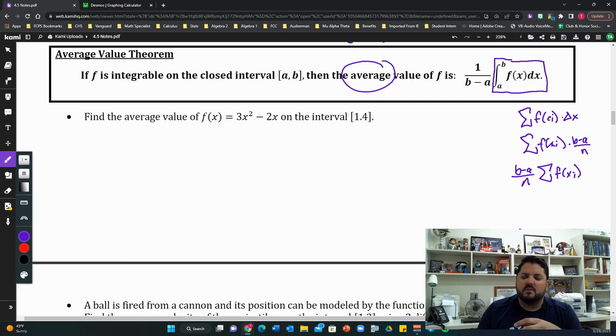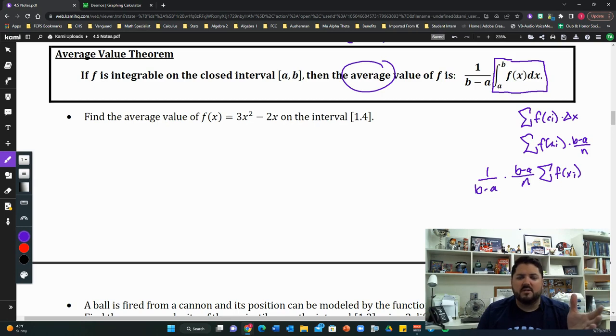So if I want the total of my y values to then be divided by the number of them that I have, our n value, I have to get rid of this b minus a out in front, which is why we multiply by 1 over b minus a.